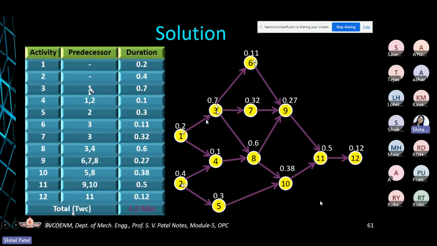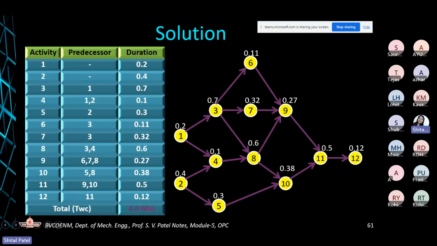Now, what has been asked is to determine the work content time. So, the summation of the duration of all these activities. See, to produce a single product, this many activities are required. So, unless and until all these activities are completed, you cannot have the finished product, right? To produce one single product, these many activities are performed, and the summation of the processing time or duration is nothing but your work content time.